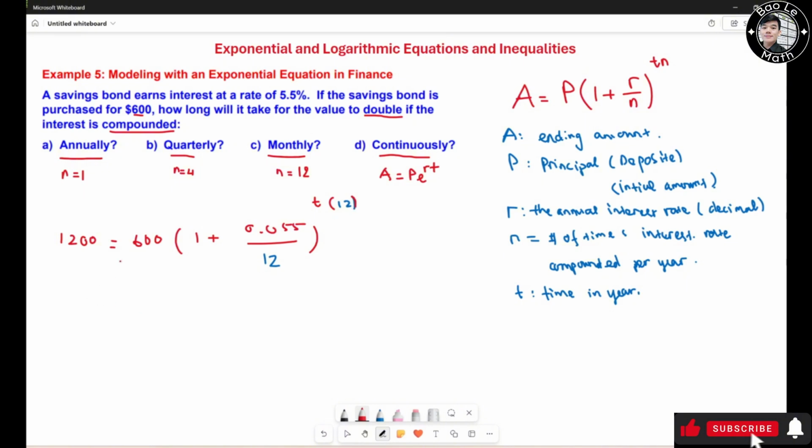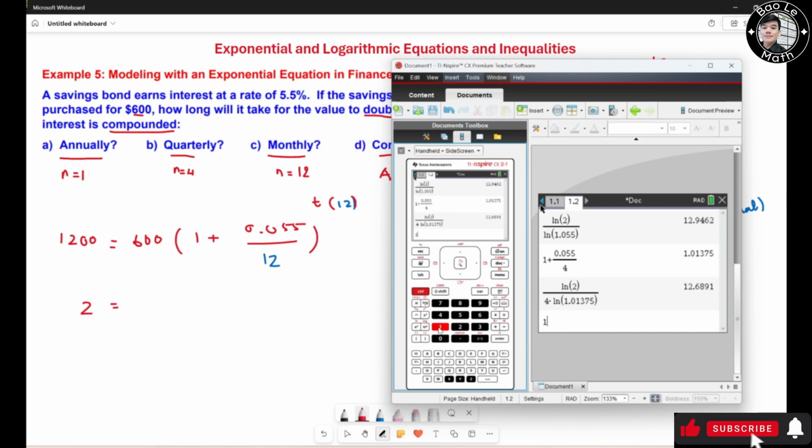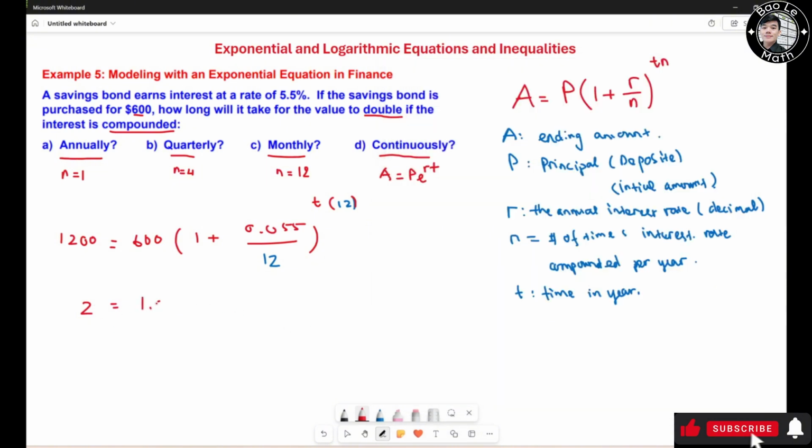Then it's going to be 2 equals, now 1 plus 0.055 divided by 12. It's going to be 1.00458 raised to the 12t, right?